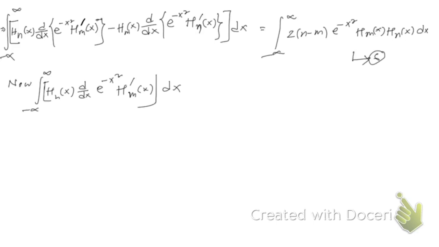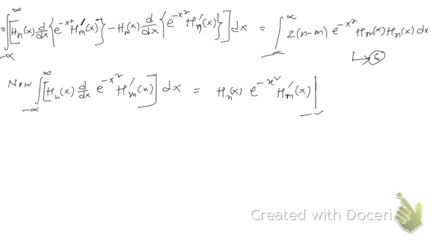If we integrate this using integration by parts, then we take the first function, that is Hn of x, and the integration of the second part, where the derivative is removed, so we're going to have e to the power minus x square, Hm dash of x.